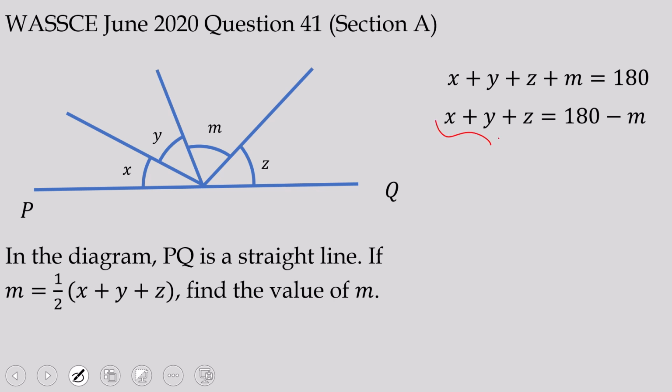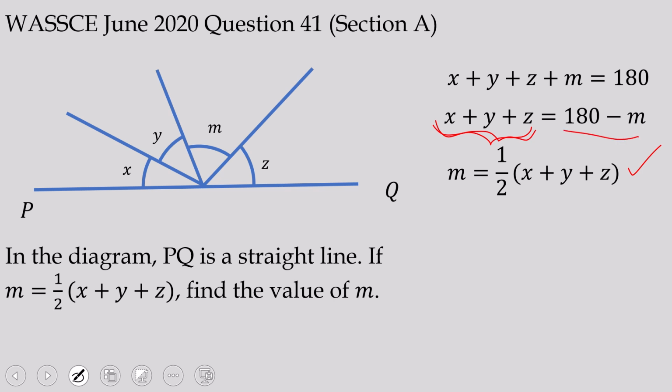So now I have my x plus y plus z. And we have been given in the question that m is equal to half of x plus y plus z. So this is what has been given to us in the question. And we also have that x plus y plus z is equal to 180 minus m.